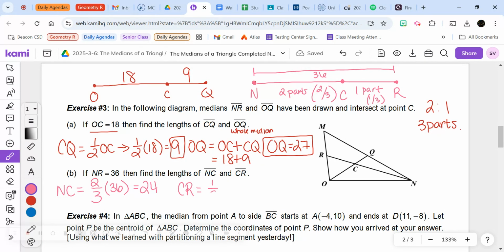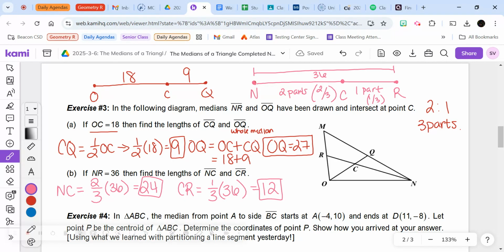CR is 1/3 of the whole entire length of NR. So that will give us 12. Okay, so 24 and 12 are what we're looking for here. So that's how you can find the lengths of the pieces of the medians or even the whole length like we saw in part A.